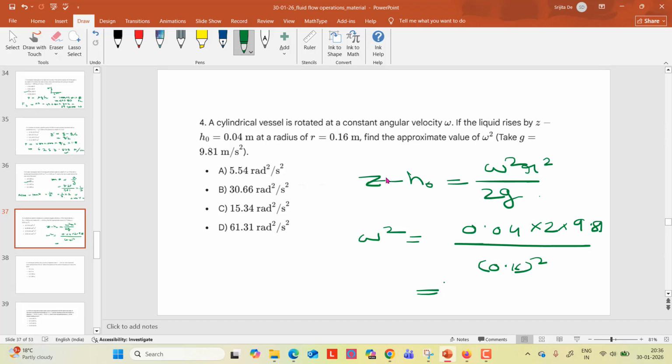It is coming as 30.656 omega square, that is close to 30.6 radian square per second square.